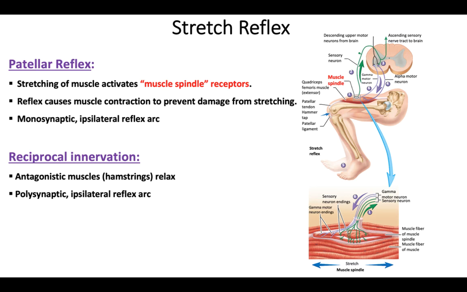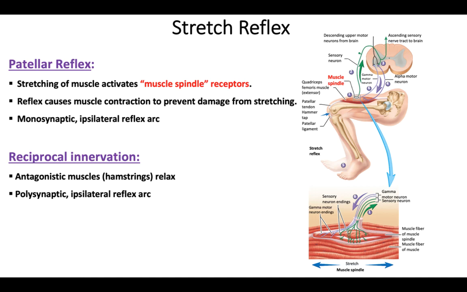This first one is a stretch reflex. So what is stretching is muscle. All right. So if you think about a muscle, obviously we know it contracts, it relaxes, it contracts, it relaxes. Well, we've got some sensory structures inside of our muscles called muscle spindle receptors. And these muscle spindle receptors are monitoring the length of the muscle.